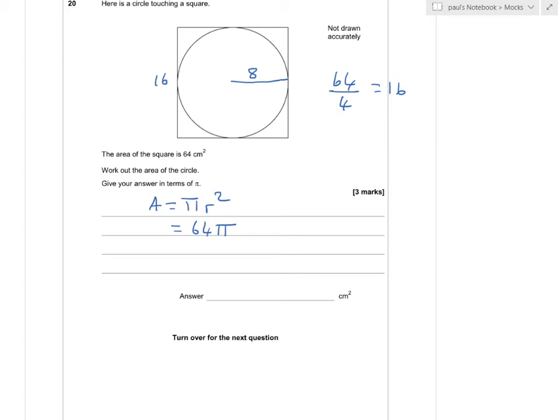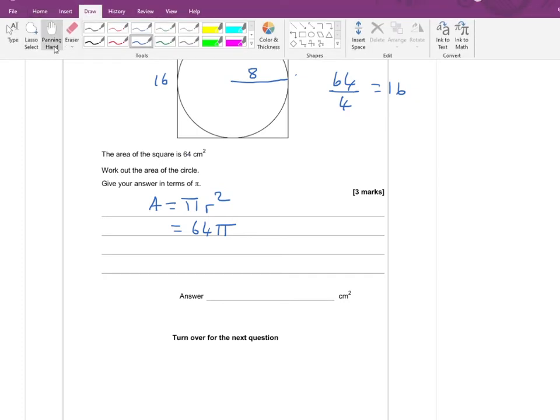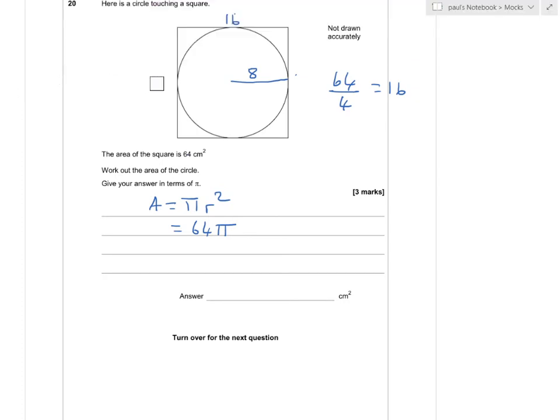Why is that 16? Yeah, that's the perimeter, isn't it? I must read the question. Because that's not, is it? That's area. I thought perimeter divided by 4.